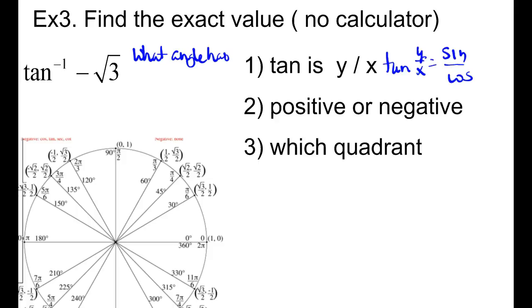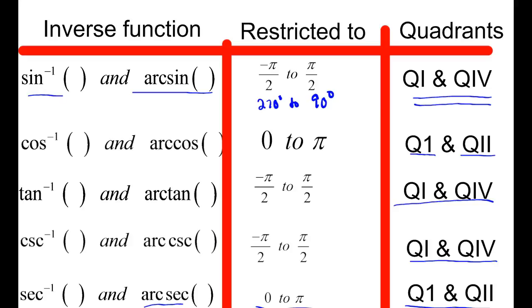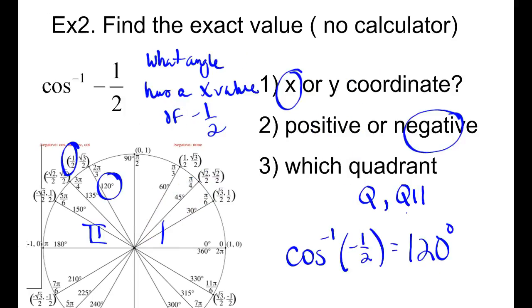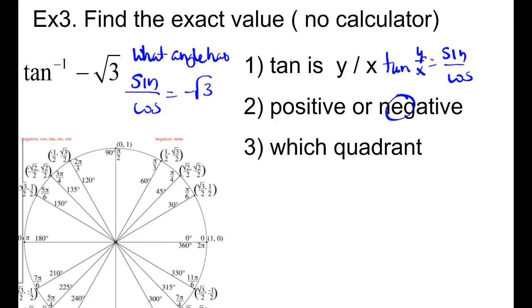Okay, so what angle has a sine over cosine equal to negative square root of 3? So my answer has to be negative. And let's go see, what quadrants am I allowed to pick angles from for tangent? Tangent is Q1 and Q4. So I'm looking at Q1 and Q4.